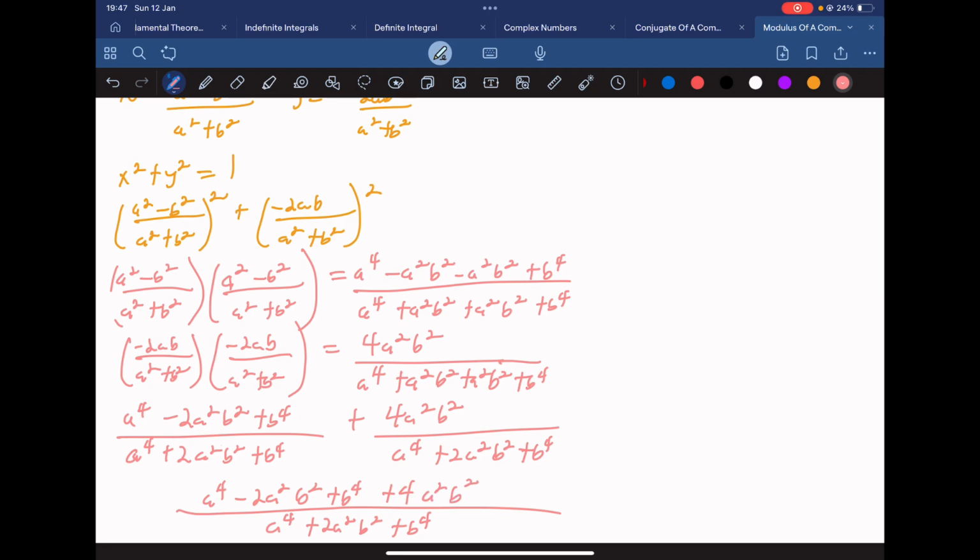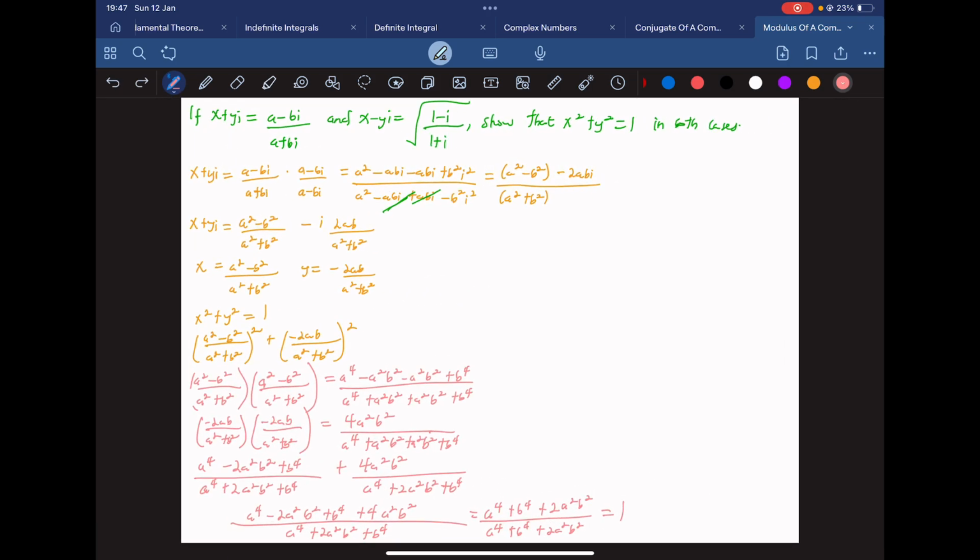So now we get to see that on the top we have a exponent 4, plus b exponent 4. Now this and this, we can add them and we can have plus 2a squared b squared. In the denominator, we have a exponent 4 plus b exponent 4 plus 2a squared b squared. So indeed, this is just 1 because all the terms in the numerator will cancel the terms in the denominator.